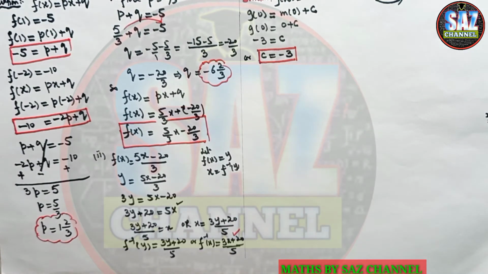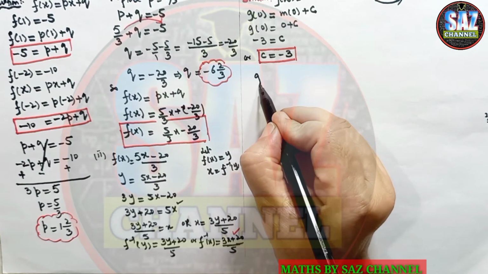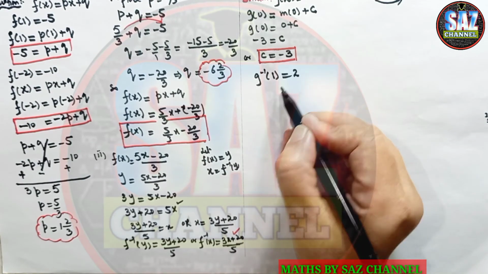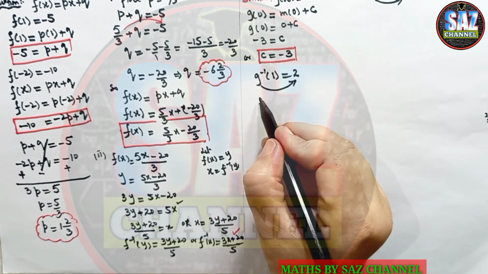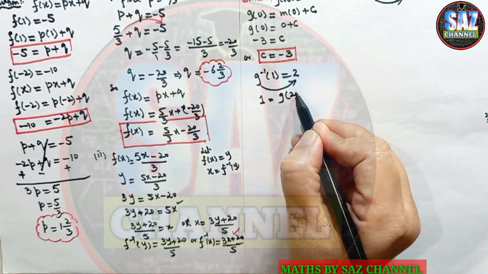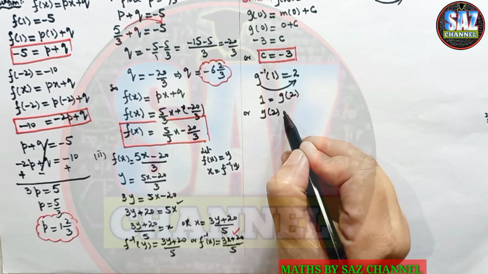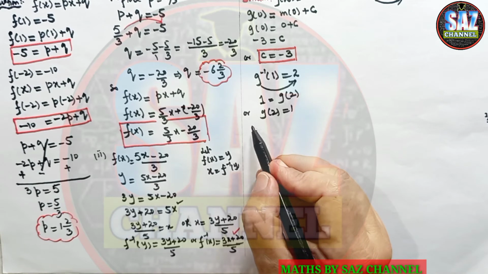Now let's move to the second condition and apply it. The second condition given in the question is g inverse of 1 equals 2. Again shift it into the direct condition, and it will give me 1 equals g of 2, or g of 2 equals 1.